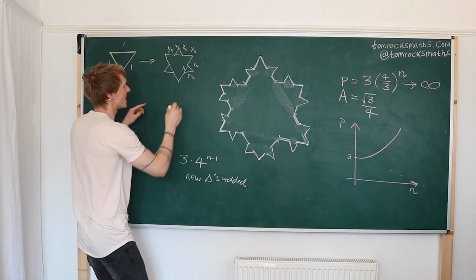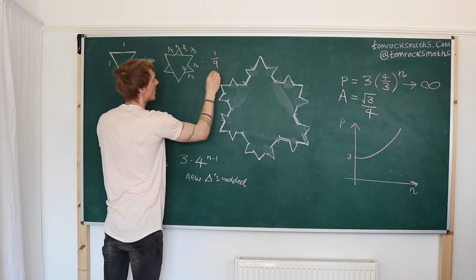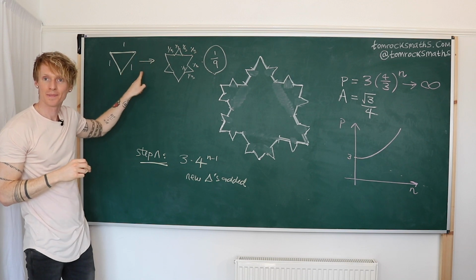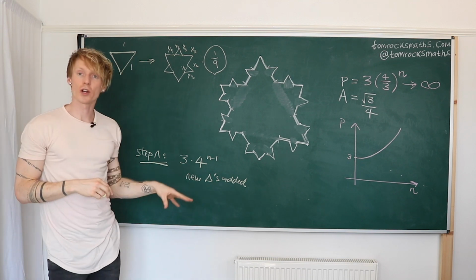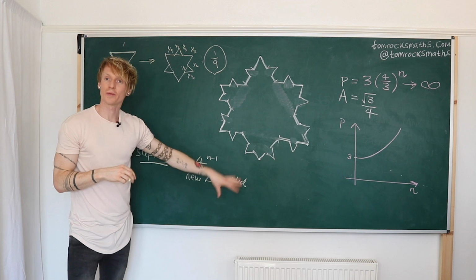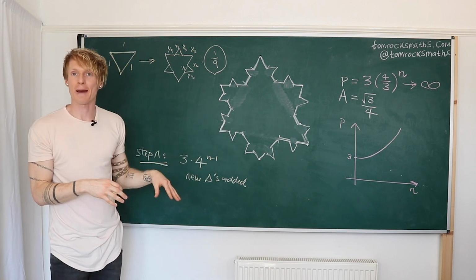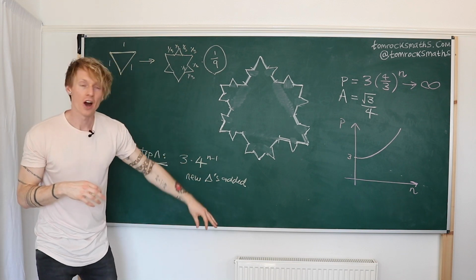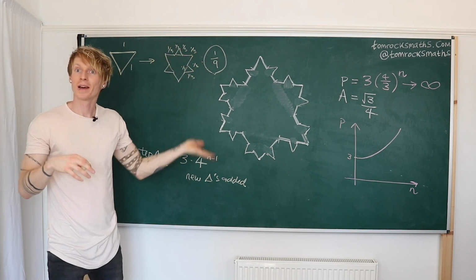So the area here is 1/9 of the area of the triangle at the previous step. And in fact, this will be true for all of these new triangles that we add at each step. They have exactly 1/9 of the area of the triangles from the step before.